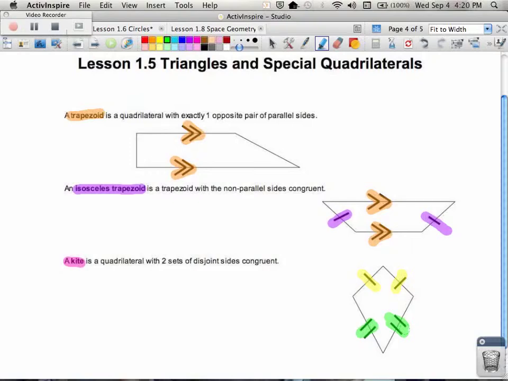I could have also drawn this figure sideways and then it would be right and left as an example. So for a kite, you'll see exactly what you see up on the board, two together and then two together. And they're different sizes. So maybe, just as an example, I might tell you that these sides are 3 and that these sides are 7.